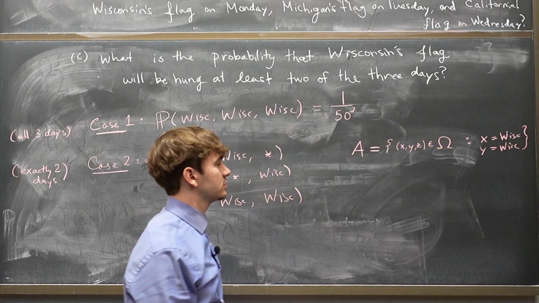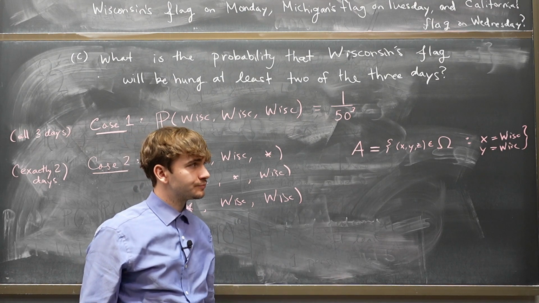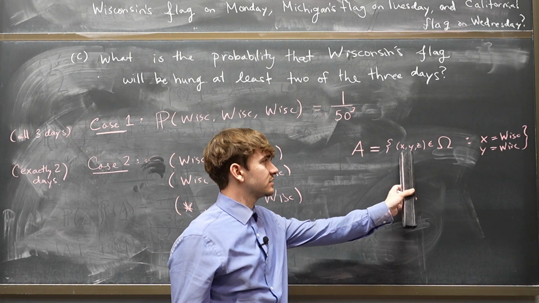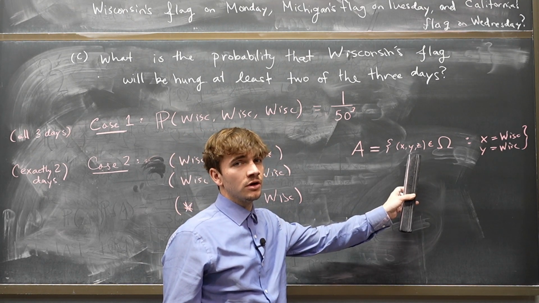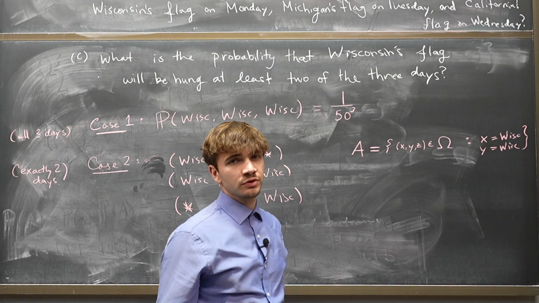So this is precisely the event that Wisconsin gets hung on Monday and Tuesday, and notice that this event is a subset of omega, which consists of multiple possible outcomes. Namely, there's an outcome for each possible choice of z.